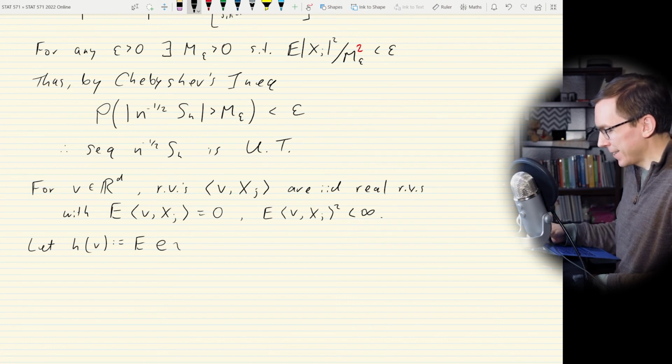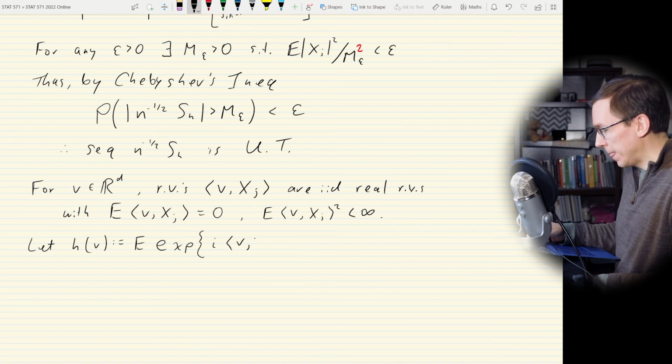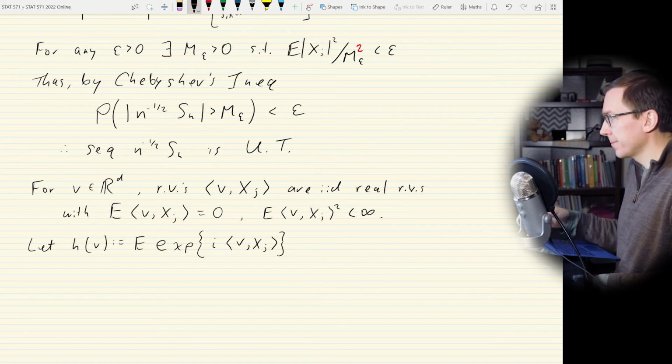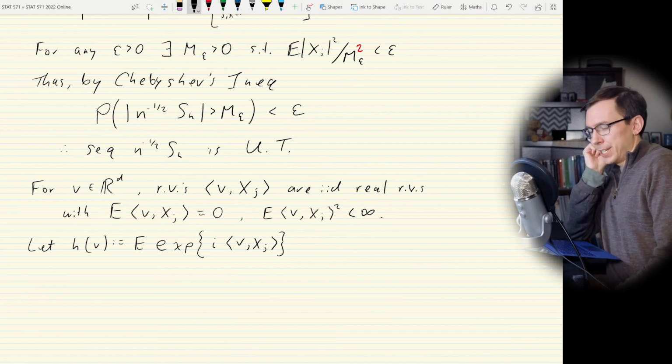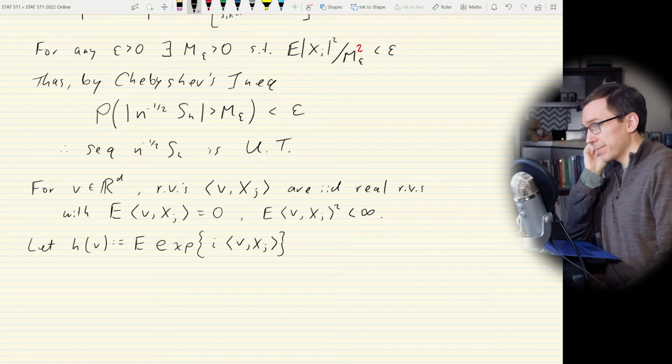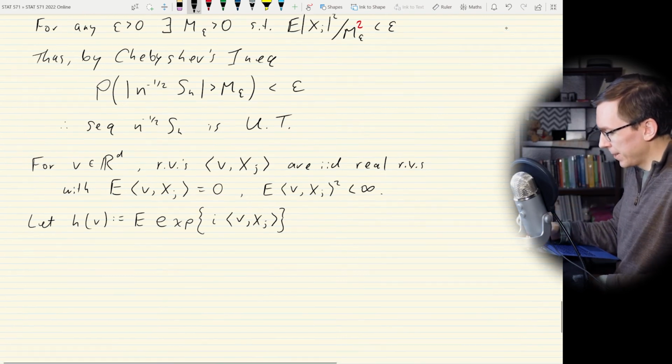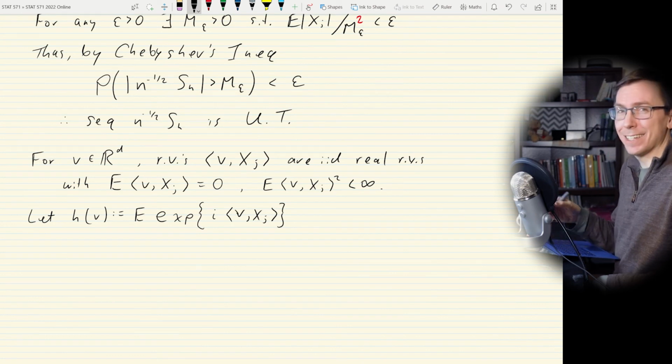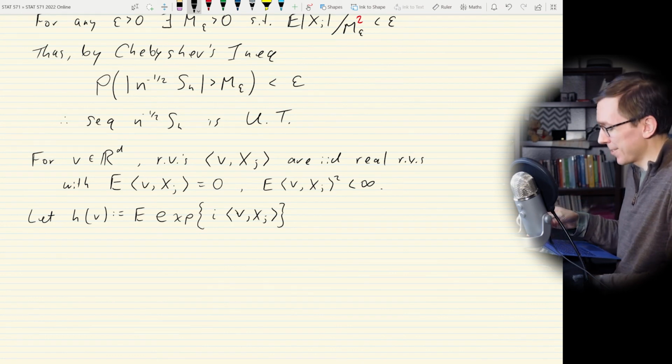It's the expected value of the exponential of i, square root of minus 1, times v inner product x_j. So then the question is, what is that thing? Well, I don't know. But we can find an approximation for it using Taylor's theorem.